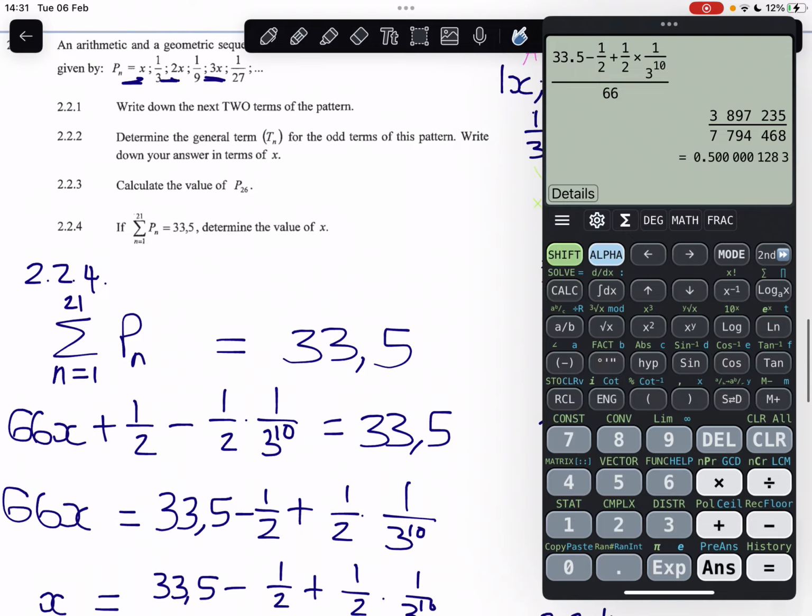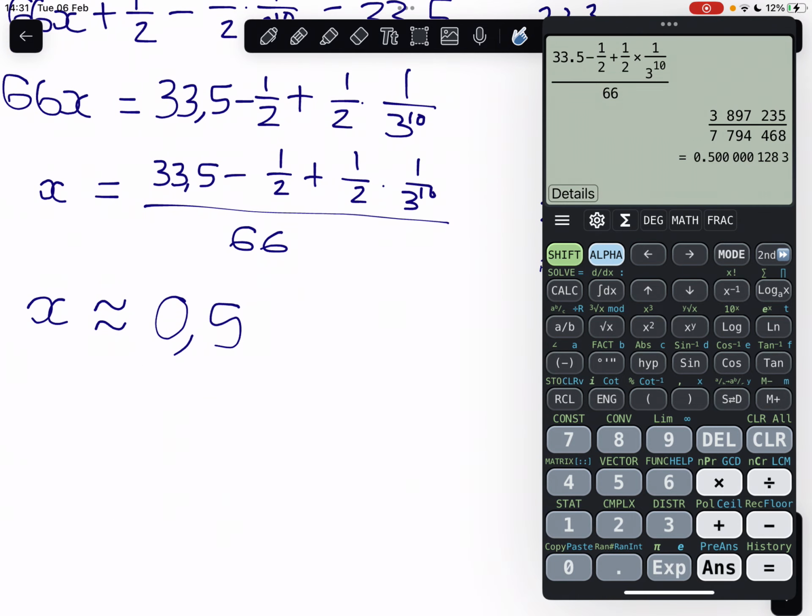Okay, so first let's see if this answer is correct before I begin my sermon. We do end up with x is equal to a half, which is perfect. They say it is equal to a half exactly. Why am I struggling to believe that? Yeah, I think it's rounded off. It is extremely rounded off.